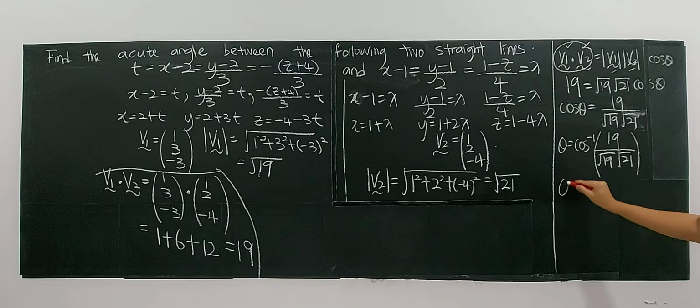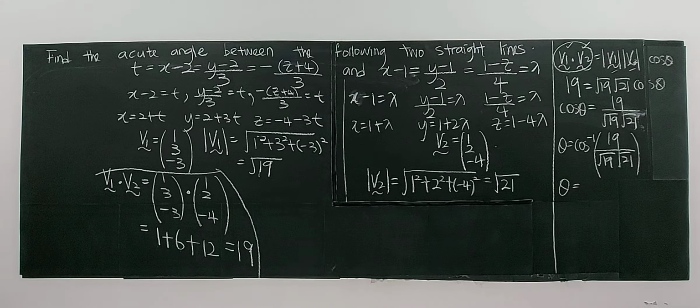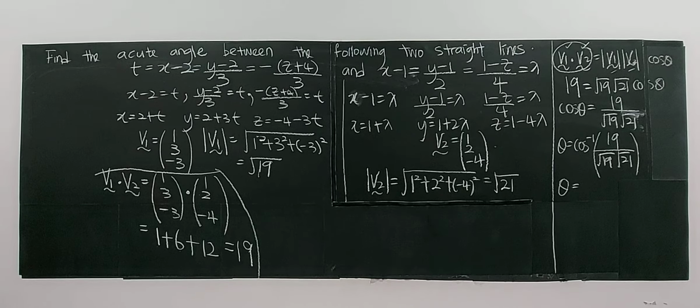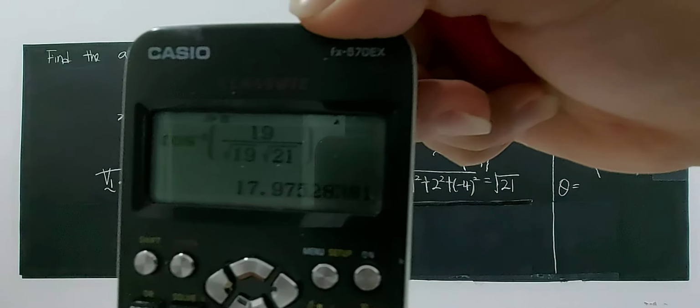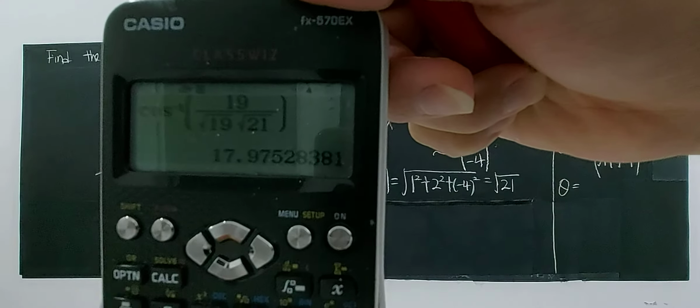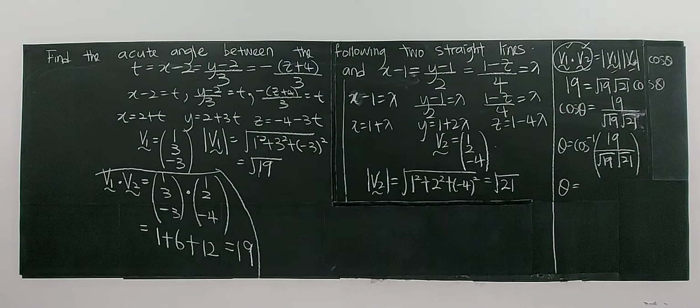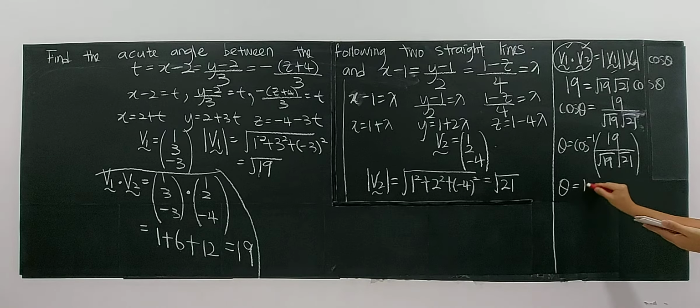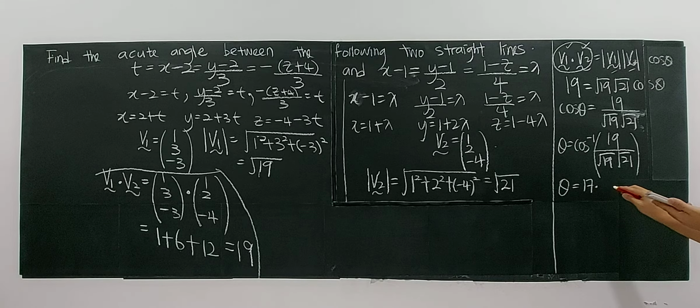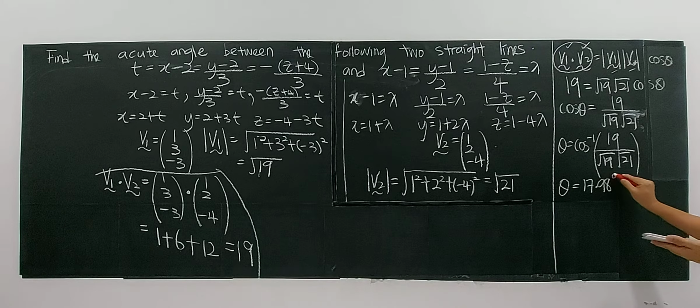Using the calculator in degree mode, you get 19.97 degrees, to two decimal places.